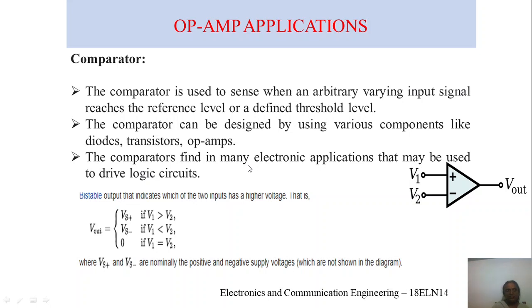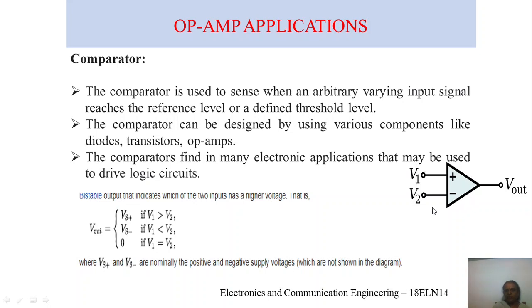With reference to the op-amp comparator circuit, you can have two reference voltages V1 and V2 at the input side, and you can compare between V1 and V2 whether they are equal, or V1 is greater than V2, or V2 is greater than V1.